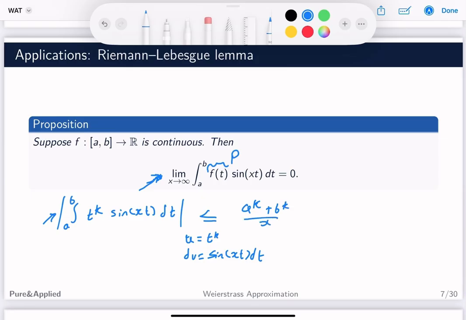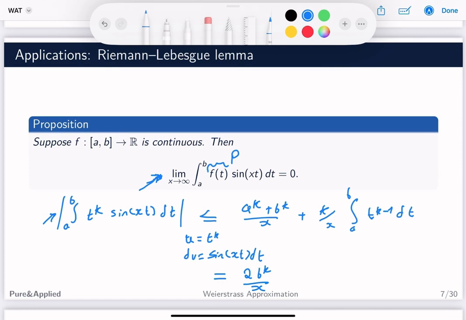And then there's the term coming from the integral, which is t to the k minus 1 dt after you integrate by parts. If you evaluate this, it is going to be something like 2 times b to the k over x.